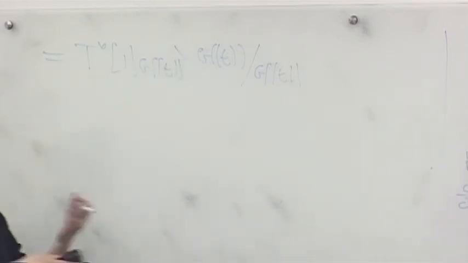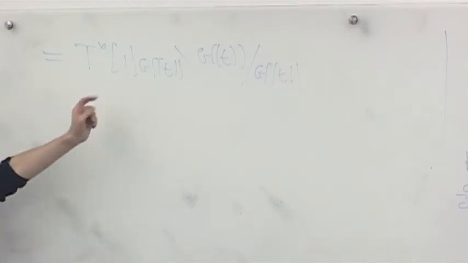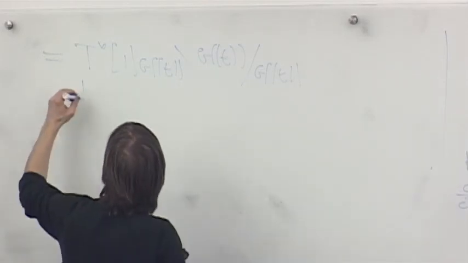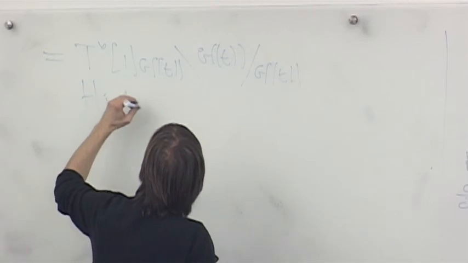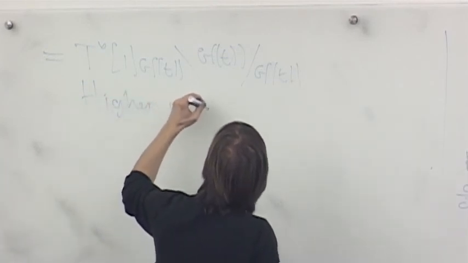Now, how were we supposed to figure out what this category is? Well, we figured out what the Hilbert space was by geometric quantization. Here, we're going to do a higher geometric quantization.